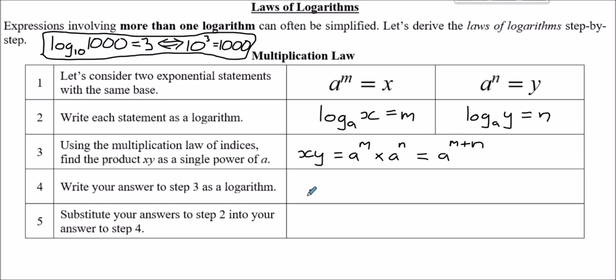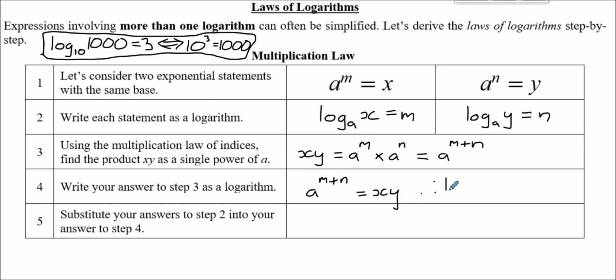So let's just write this first of all, and think about how the power of the base links to the answer. So here, for example, 3 and 1,000, we put the 1,000 next to the log, and the power as the answer, if you like.